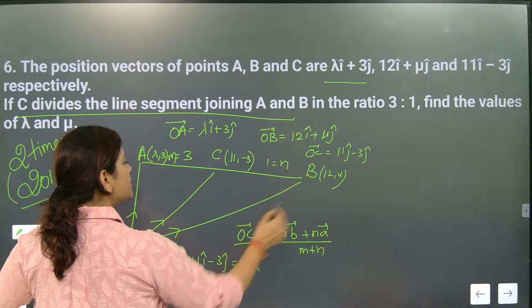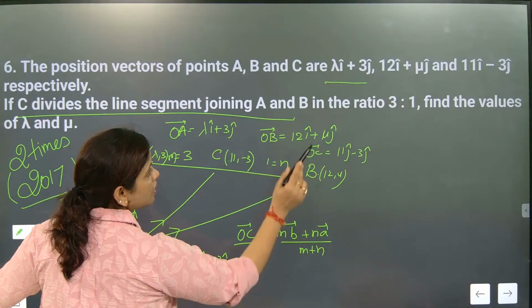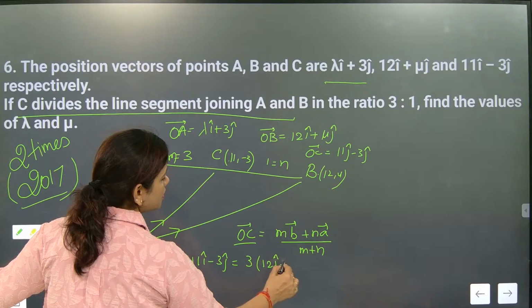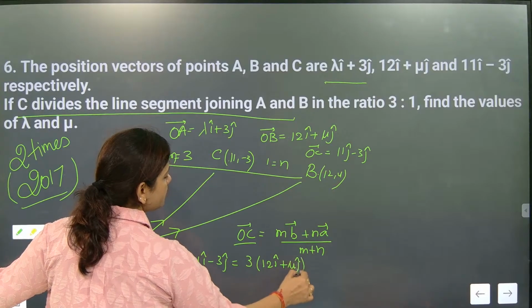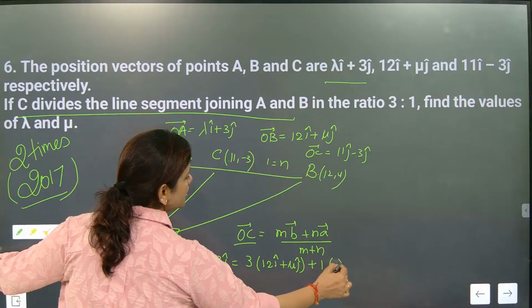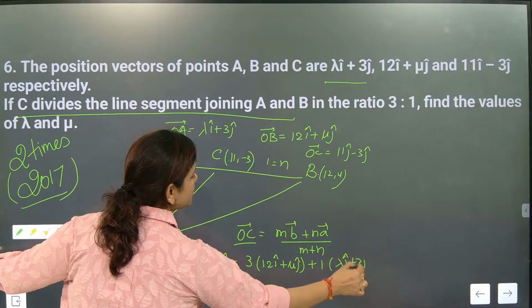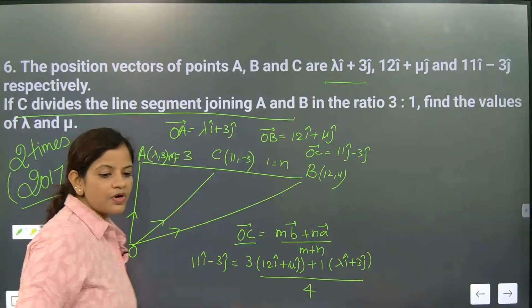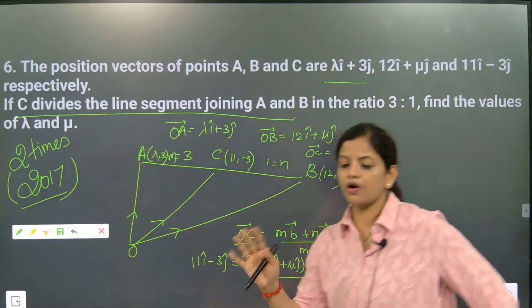What is B vector, beta? 12i cap plus mu j cap, plus 1 times A vector. What is A vector, beta? Lambda i cap plus 3j cap, by what, beta? 4. And last class what I told, you have to write according to the axis.